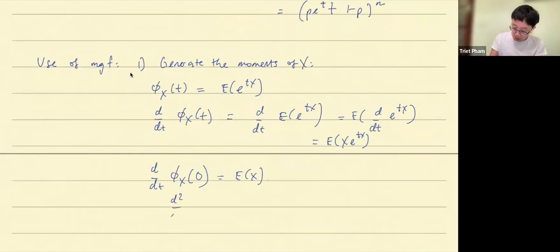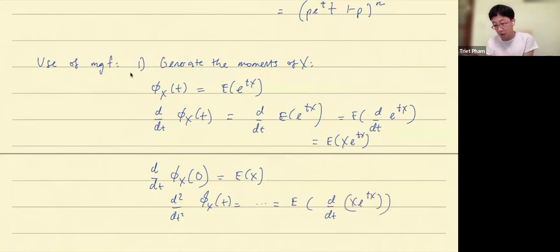If you take the second derivative, which is the derivative of the first derivative, meaning you differentiate this expression, and again assuming you exchange expectation and differentiation, and that's that. But again, x is a constant, so it comes down.